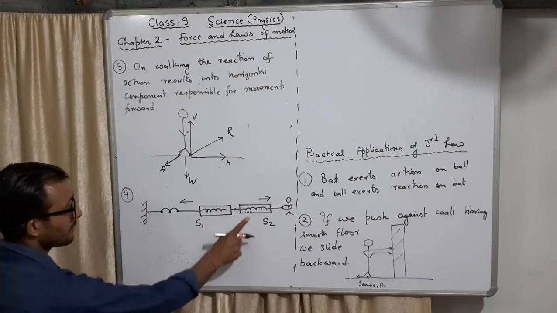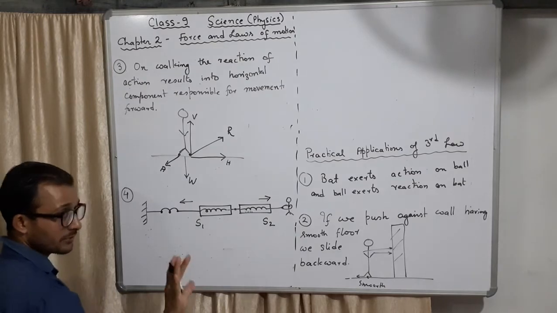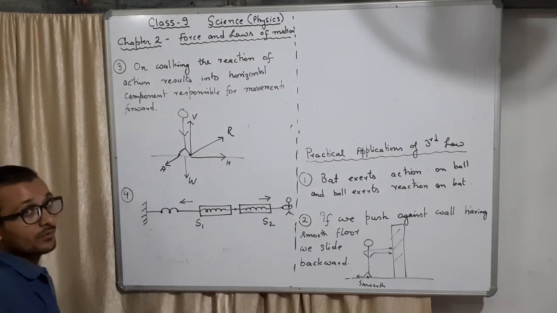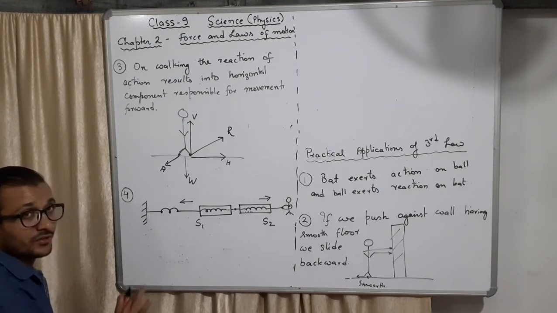That means if S1 is pulling S2 with a force of 5 Newton, S2 will also pull S1 with 5 Newton. This is a clear indication that action and reaction are there in real.